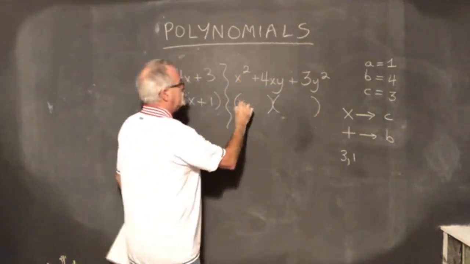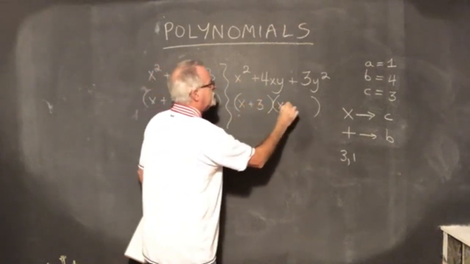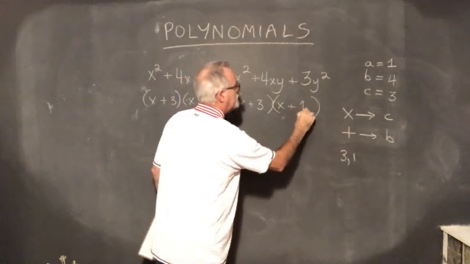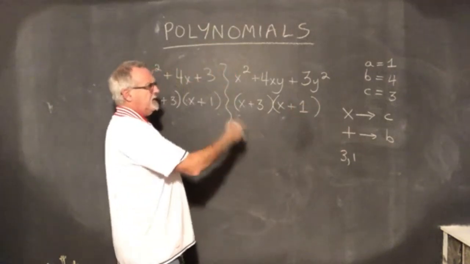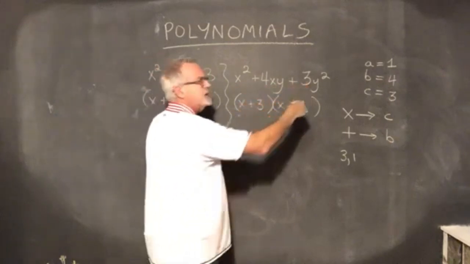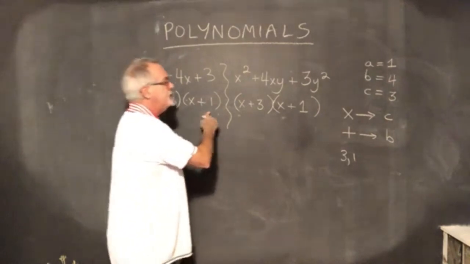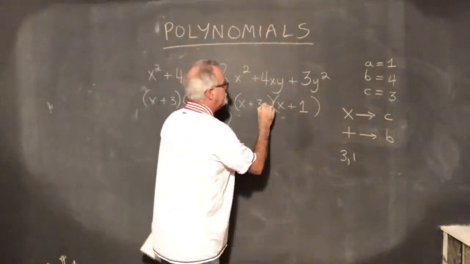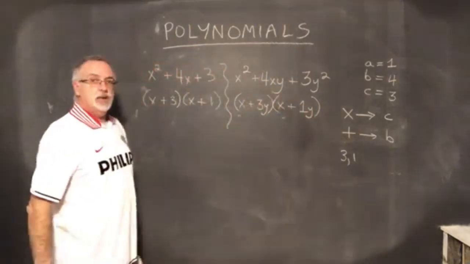I need the x and the x, and I need the plus 3 and the plus 1, but I need a y. So the only thing that happened because of this extra thing about the y's is that I just did it the same way that I did here, but I left a bit of room in my brackets because I need a y and a y. And that really is all there is to it.